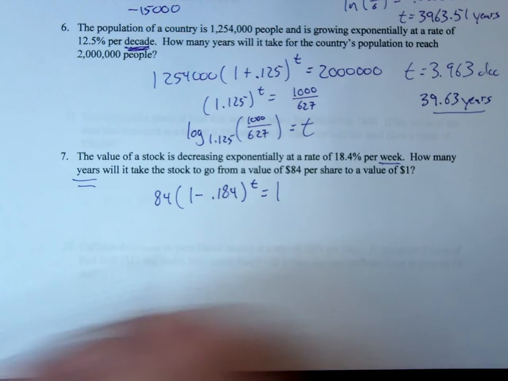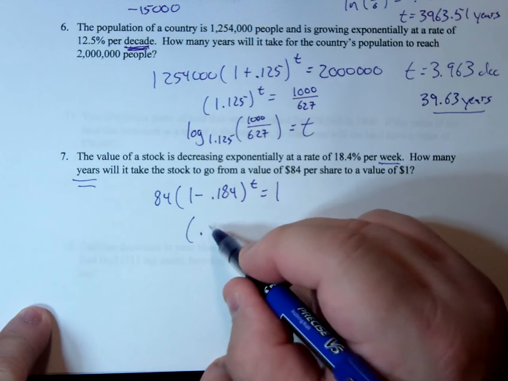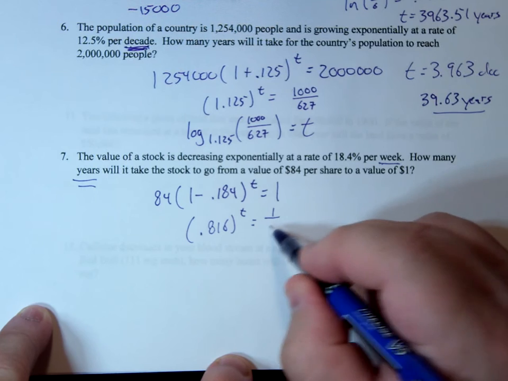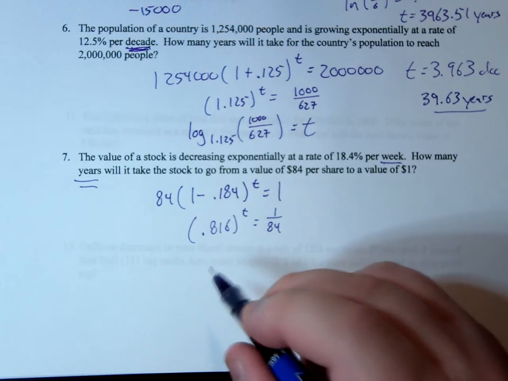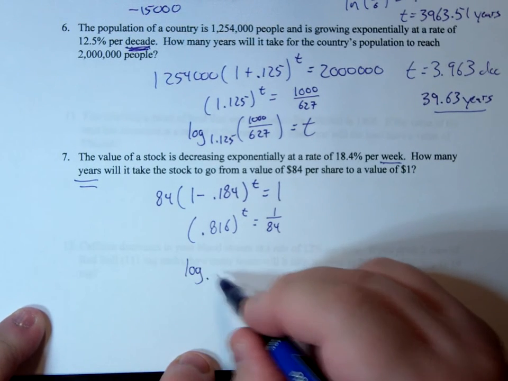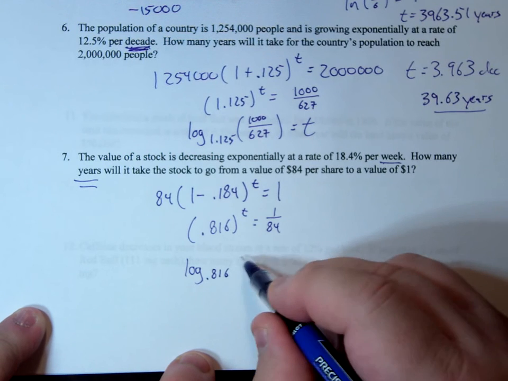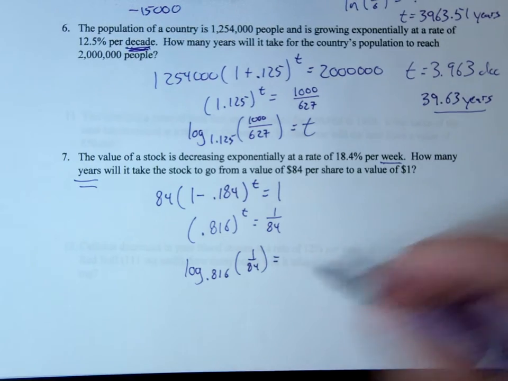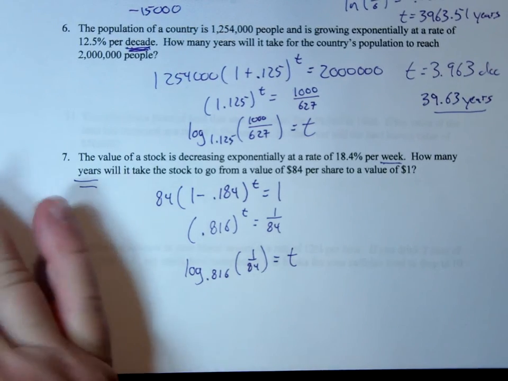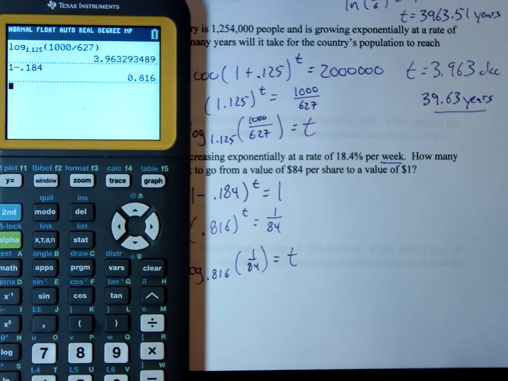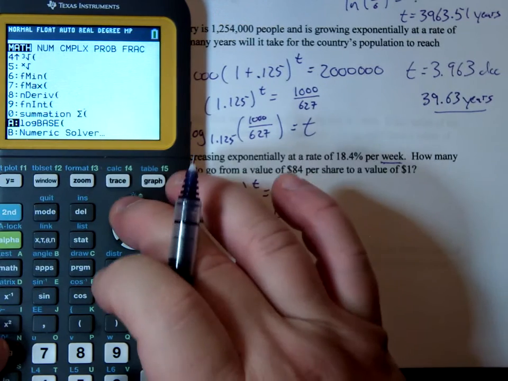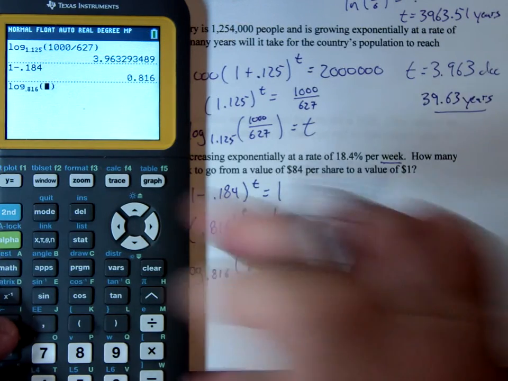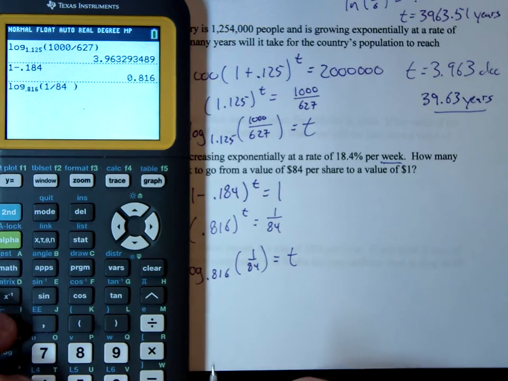So 1 minus 0.184 inside the parentheses. This is going to be 0.816 to the t power equals 1 over 84. Just going to leave it a fraction. Log base 0.816 of 1/84 is t. So I put that in. 0.816, 1 over 84.